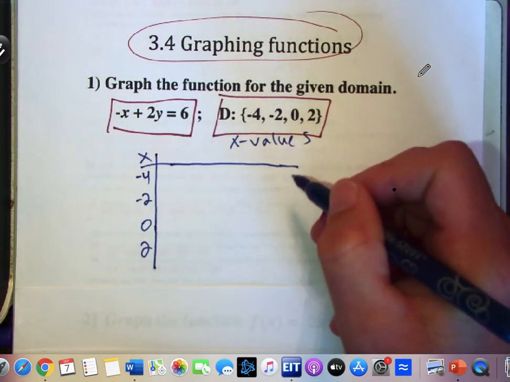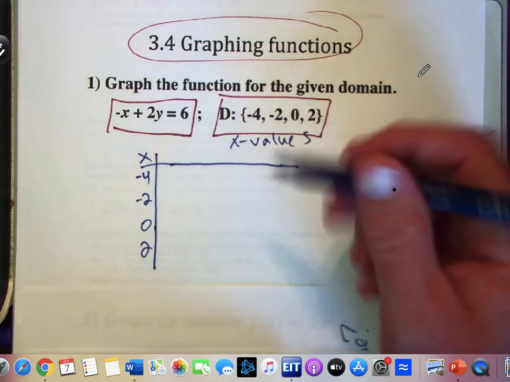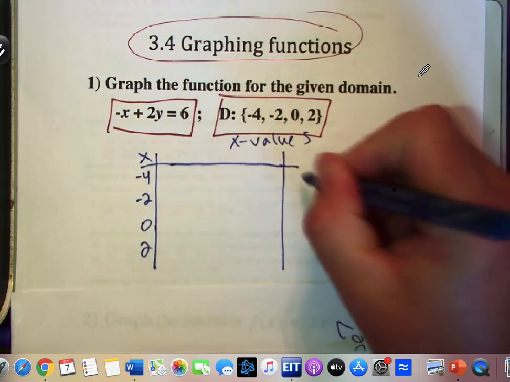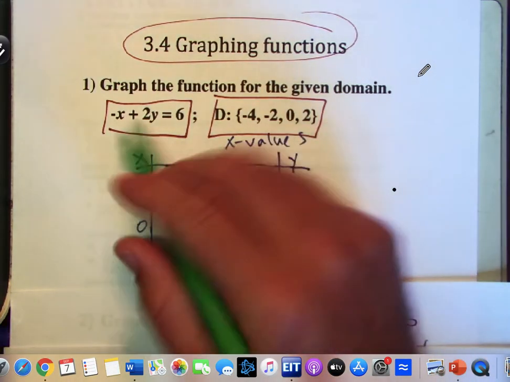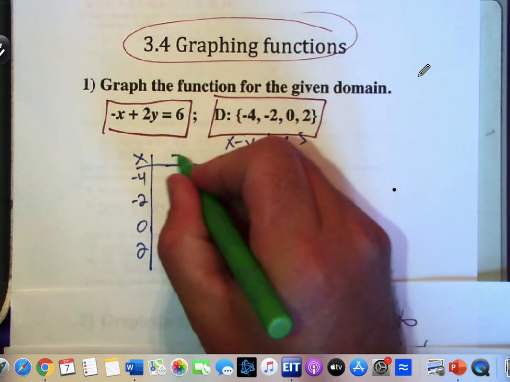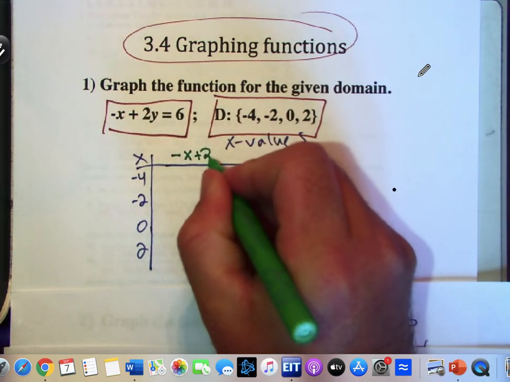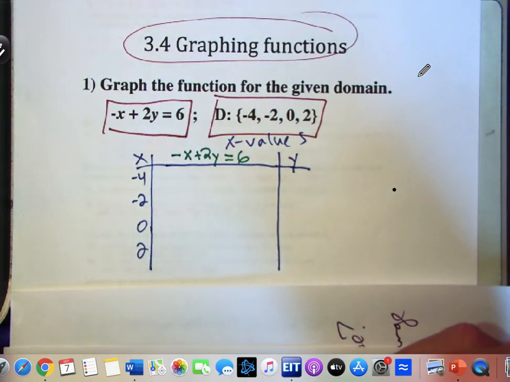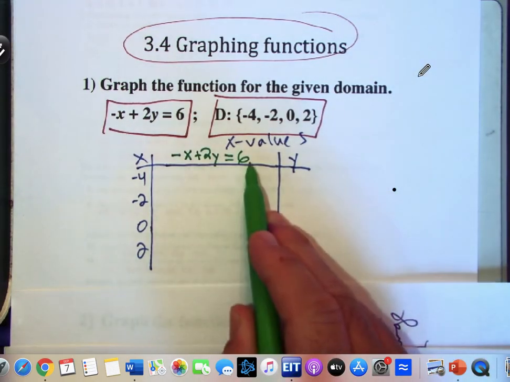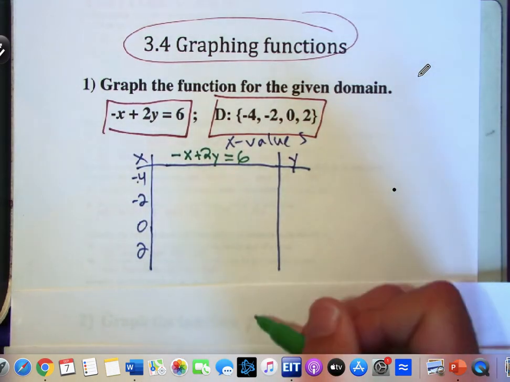And we need our y values as well over here. This is called a process column, so I'm going to put the process over here, this equation. We plug in our x and we'll get out y.